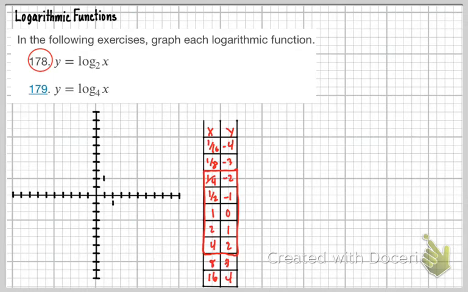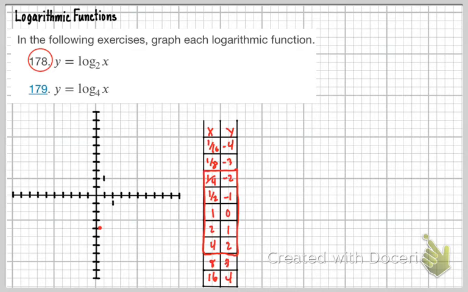Okay, so we'll do 1/4. All right, so 1/4 is going to be half of a half. So at 1/4, it's -2. So that'll be there. Yep, that'll be right in the middle of that half. And then the half is going to be -1.